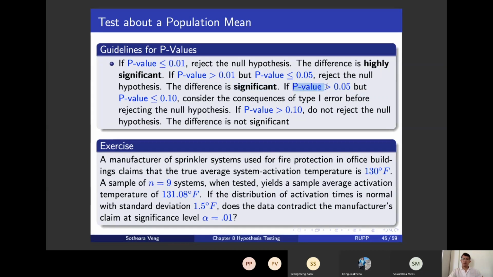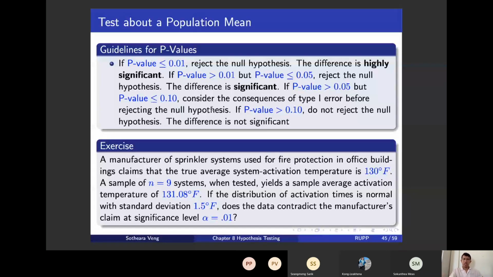If the p-value is greater than 0.05 but less than 0.10, consider the consequence of type 1 error before rejecting the null hypothesis, because in this case the probability of type 1 error is 10%. So you may reject or not, it is up to you.